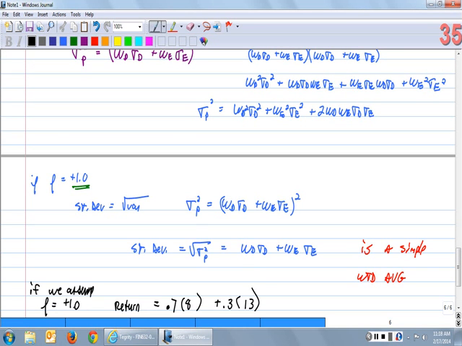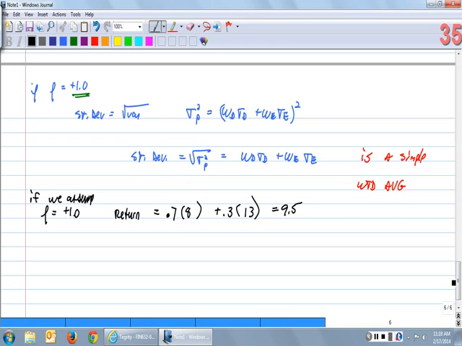Let me try that one more time. Yeah, I get 9.5. So the expected return on my portfolio would be 9.5%. And the risk of my portfolio, as measured by standard deviation, would also be a weighted average. And I get 14.4%.